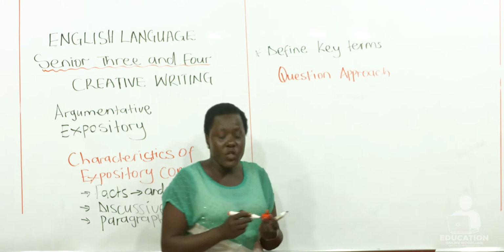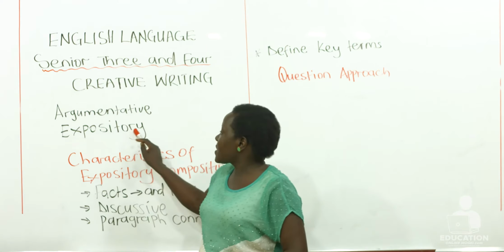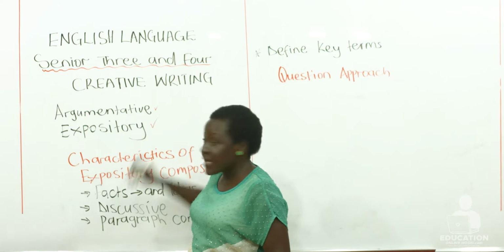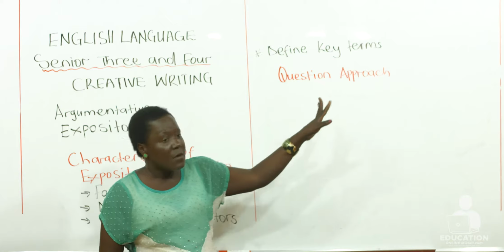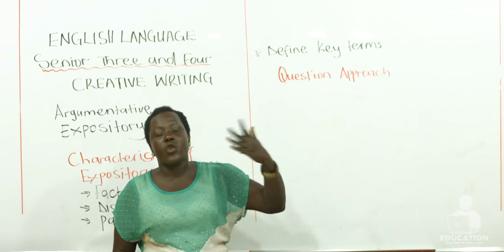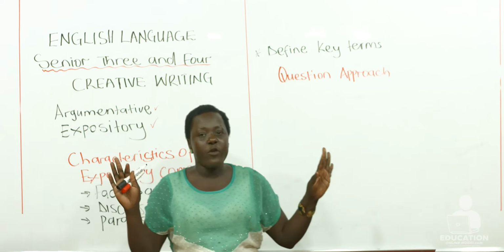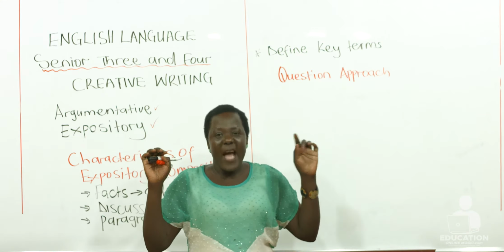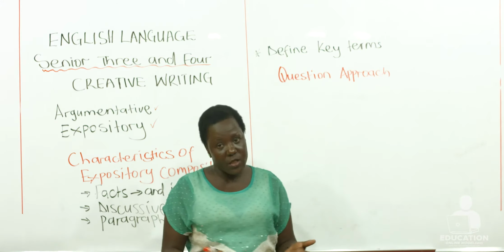Now, how do you approach questions, especially when you are looking at expository composition? Because today we are looking at this, expository. Let us first write down some questions, then we begin to handle them one by one. In that way, I believe you will get the concepts or the ideas of how to handle this expository question.